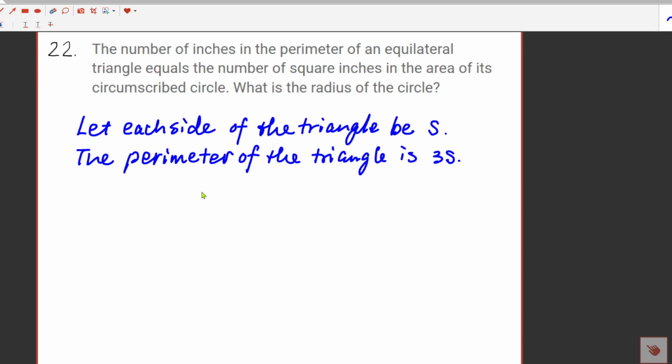The circumradius of an equilateral triangle equals 2/3 of an altitude of the triangle.